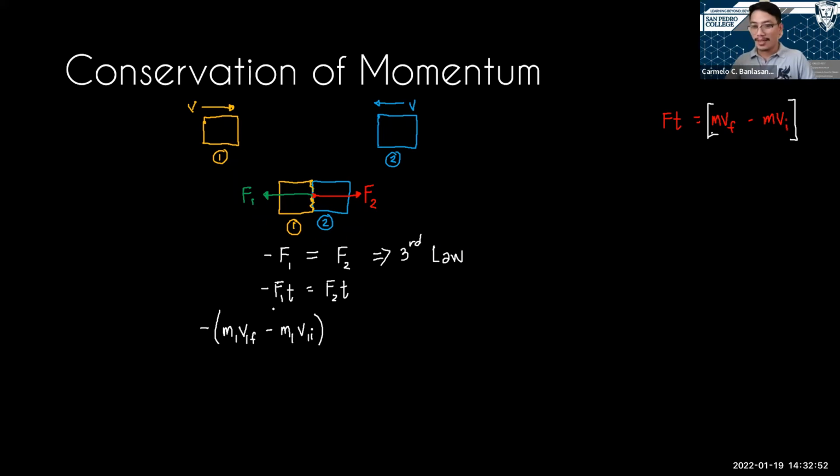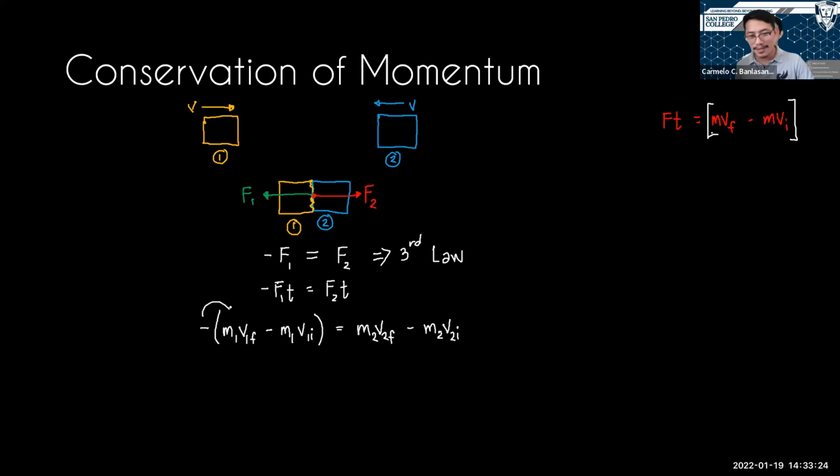They follow? That is for object number 1. It is equal to mvf minus mvi. Do you follow? Now, since this is 2, we put a 2: 2, 2. I hope I am making sense.